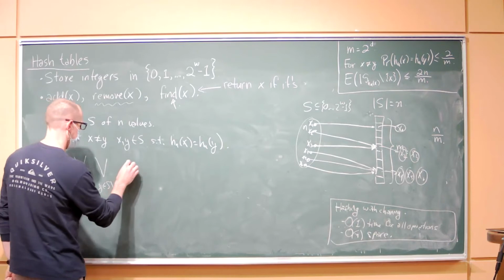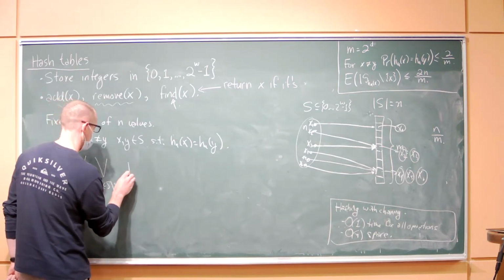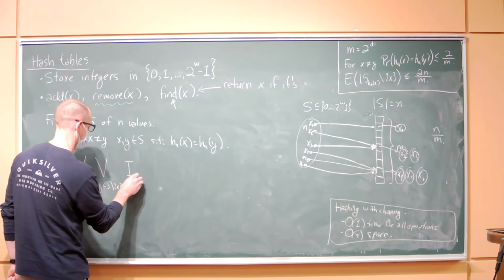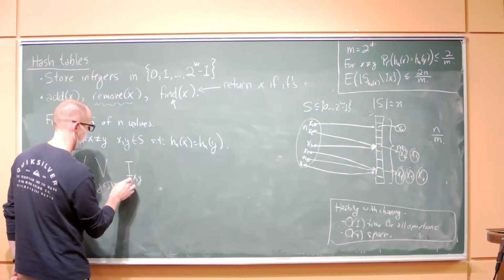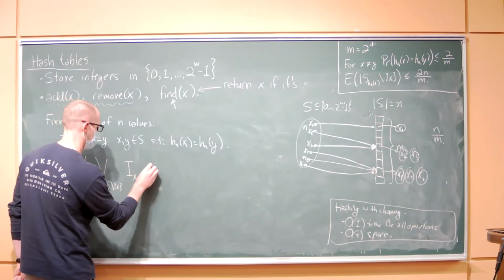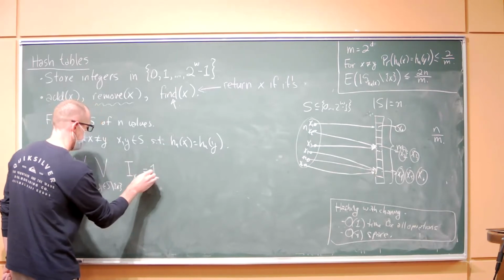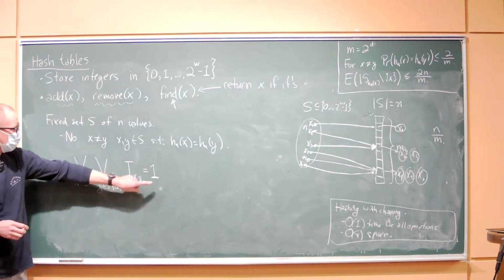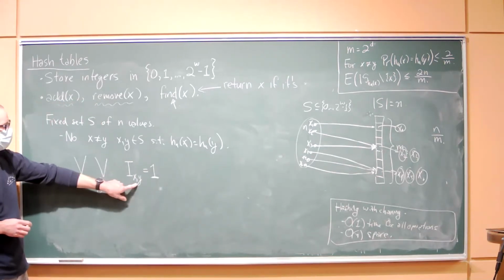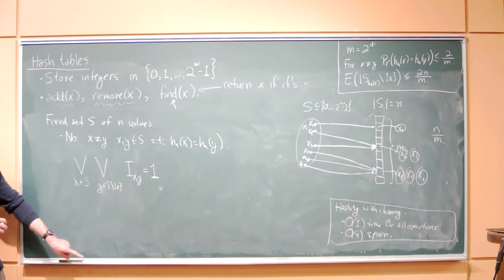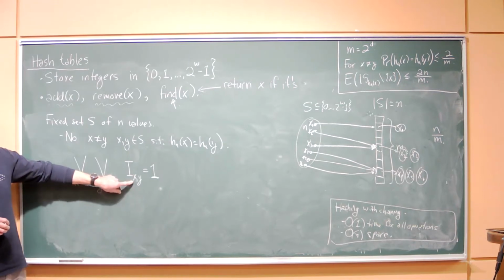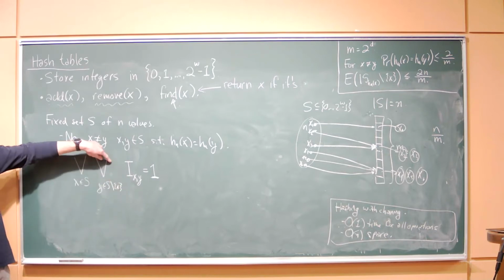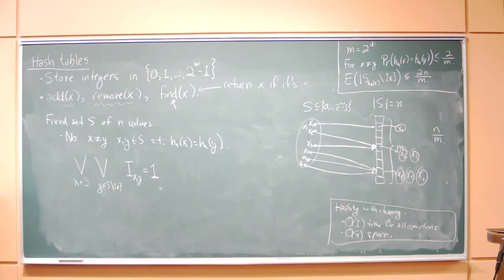And I'm worried that the indicator variable I_XY is equal to 1, because if it is, it means these two things have the same hash value. I want to avoid that. So the event I'm looking at is, over all the X's and all the Y's, is any of these equal to 1? So this is an OR over all these n choose 2 things.